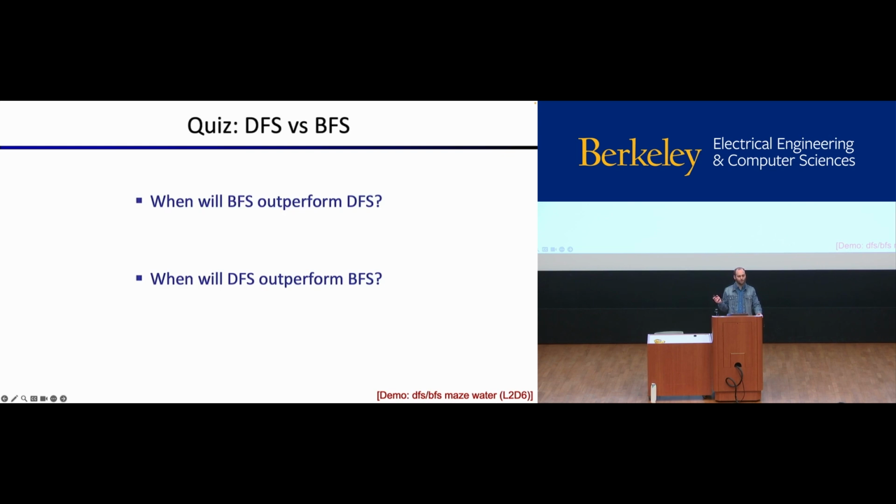There are some problems where, in the worst case, like the worst case for DFS and the worst case for BFS, the worst case for DFS will be better. Then BFS will definitely do better.